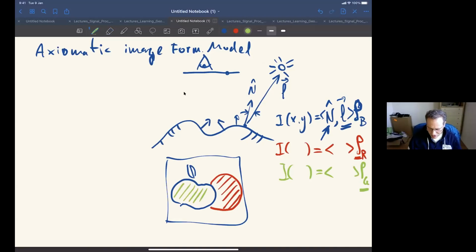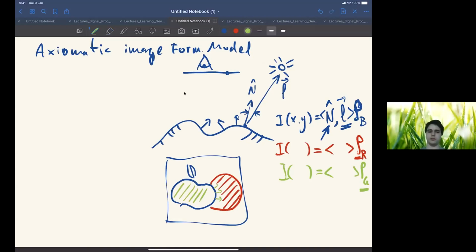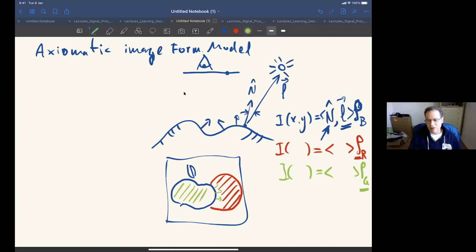The only transition that we'll have would be along the boundary. Why would they be the same? Because if I assume that the orange is always orange and the apple is always green, then the albedo, the color that I assign to these would always be the same.